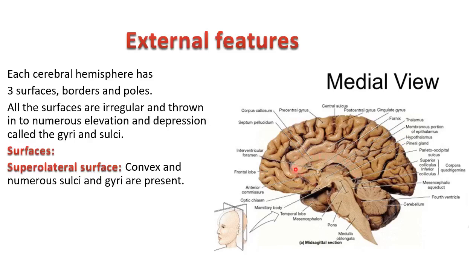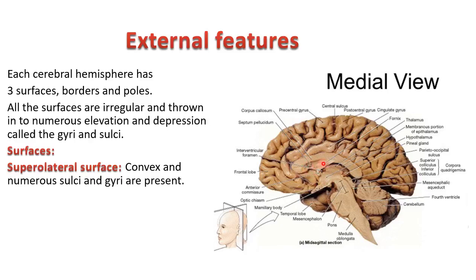Anteriorly the bend is called the genu, then you have the body of the corpus callosum, and then this small bulged part is called the splenium of the corpus callosum. Then extending more anteriorly from the genu is the rostrum of the corpus callosum.